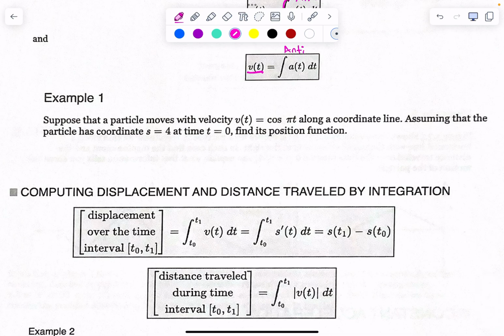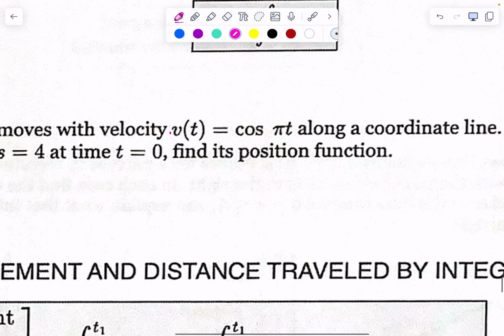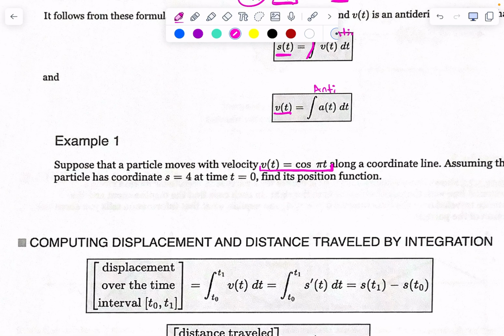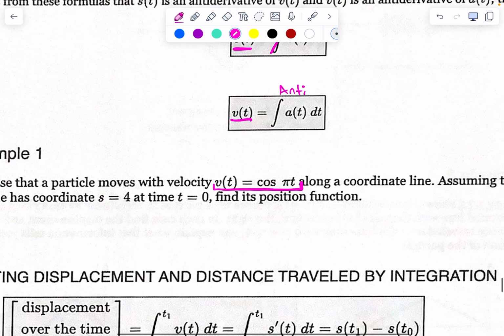Suppose that a particle moves with a velocity of cosine of pi t along a coordinate line, assuming that the particle has the given coordinates, find its position function. So we are going from velocity back to position, s.